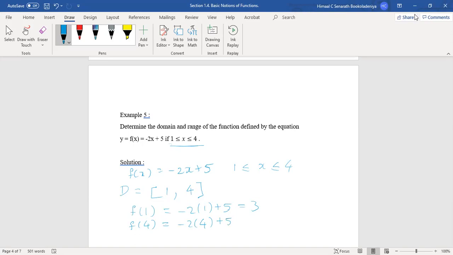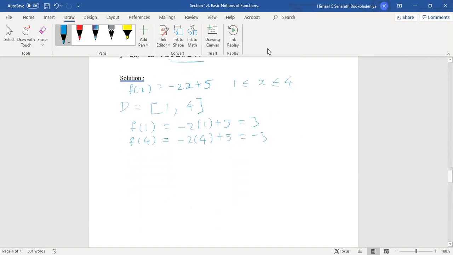Negative 2 times 4 is negative 8, plus 5 is negative 3. Therefore, we can say the range is the smaller y value first.